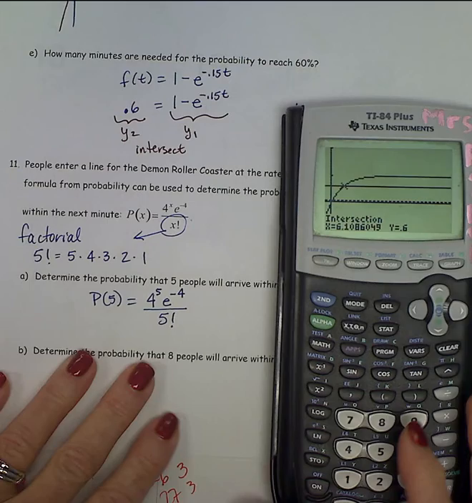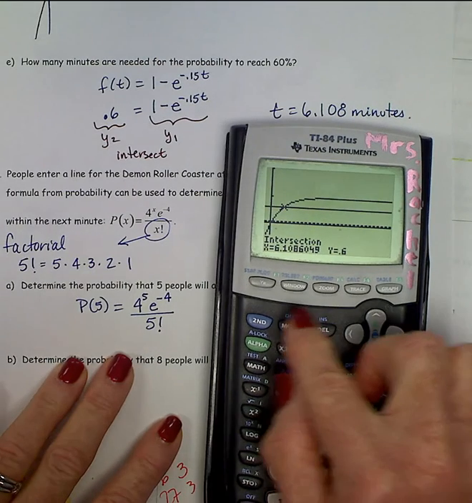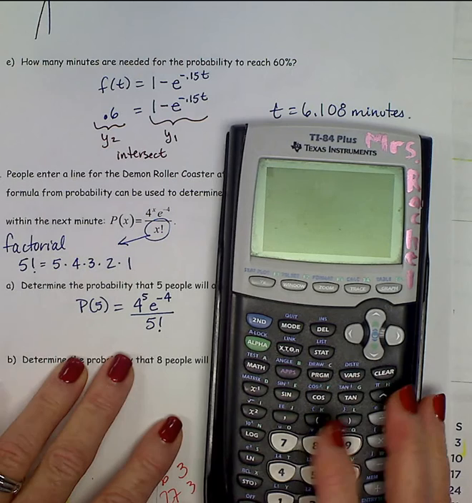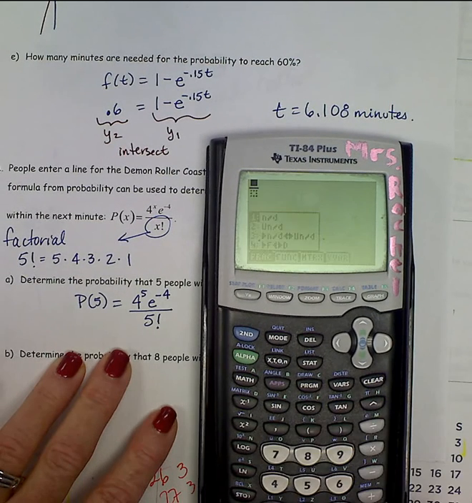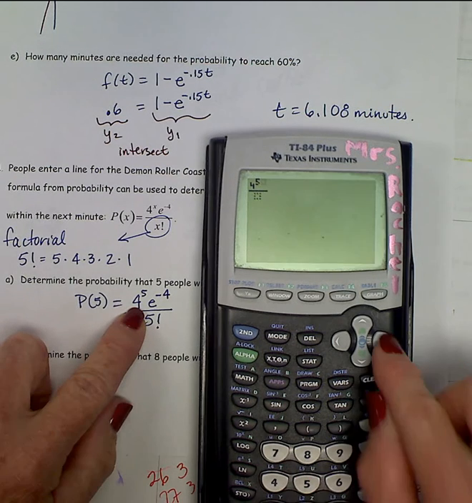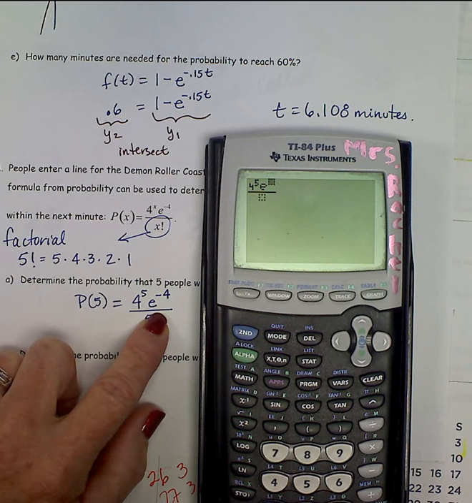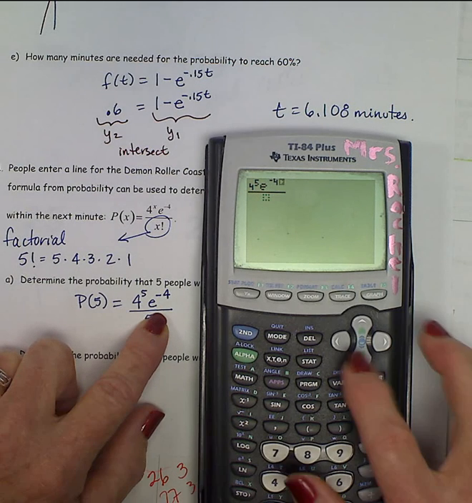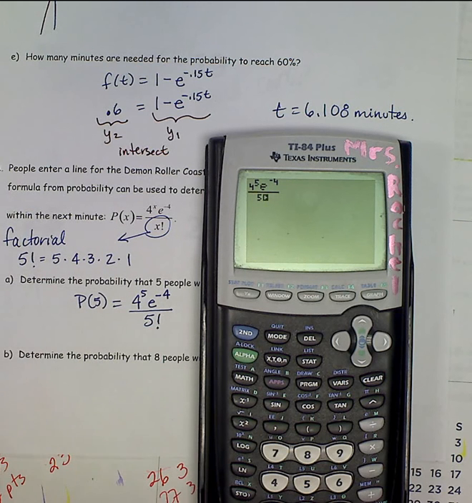Okay, let me show you where these buttons are on your calculator. So let's quit and get out of here. Clear that screen. So I want a fraction, alpha F1, 4 to the 5th, e, so I'm going to use that ln so I can get a negative 4 here, all over 5. All right, factorial.